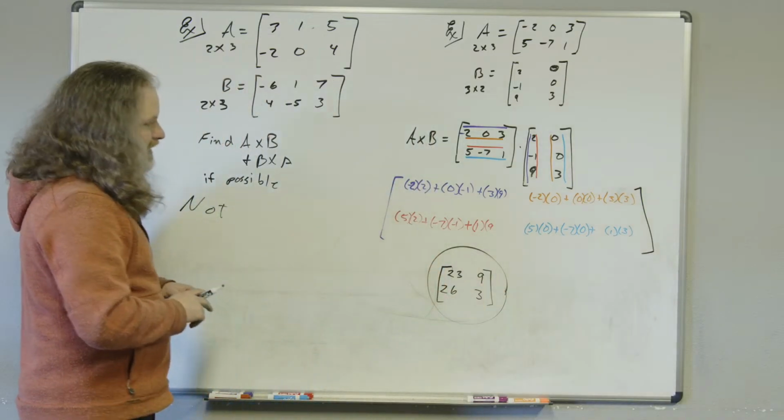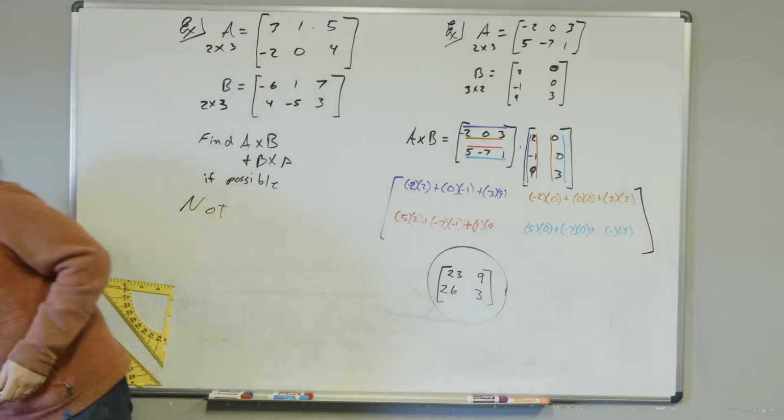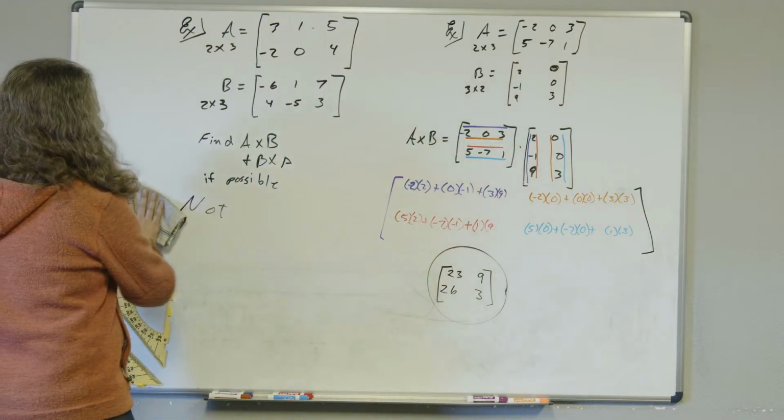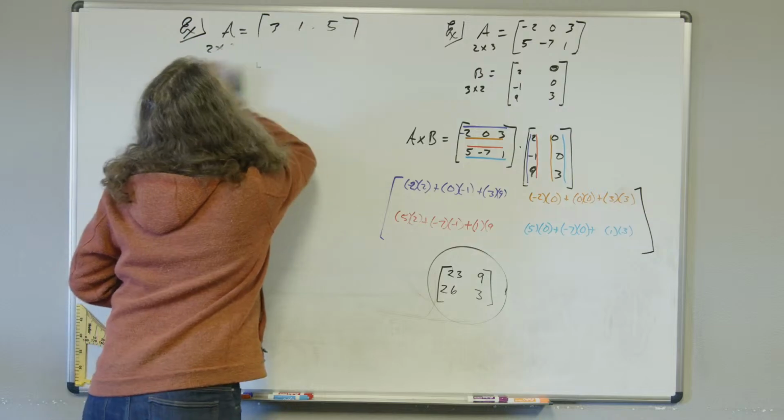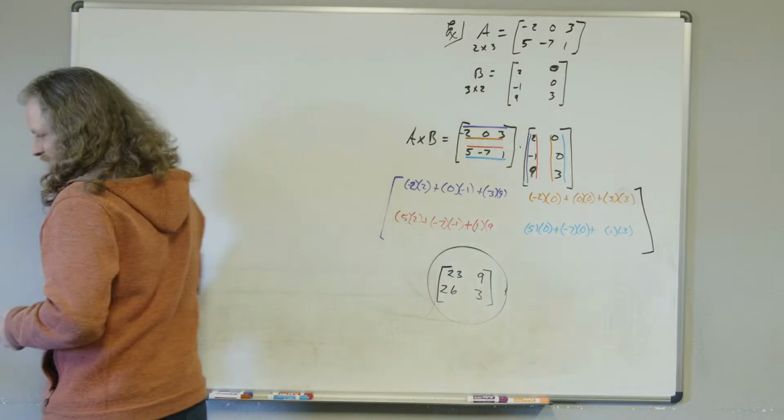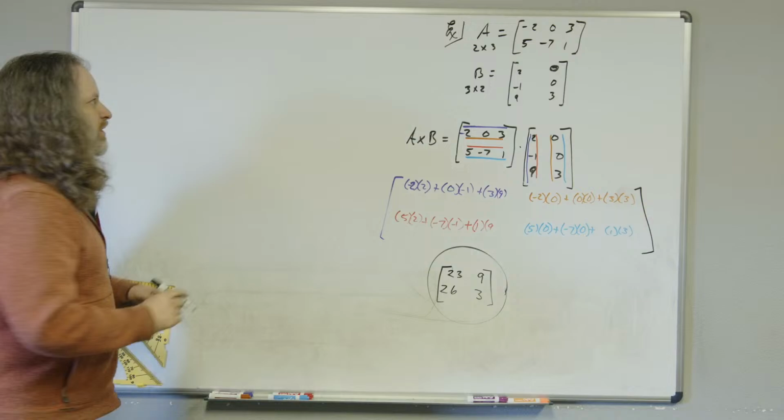All right, let's find B times A. What size matrix are we expecting out of that? 3 by 3. A 3 by 3.